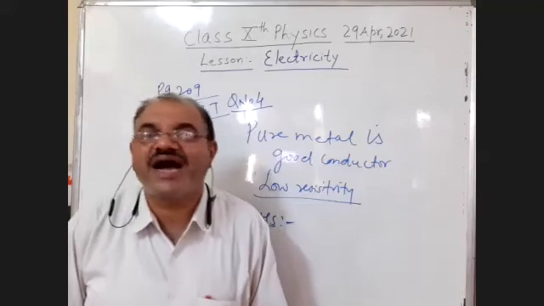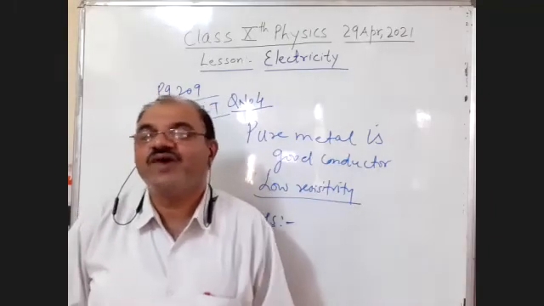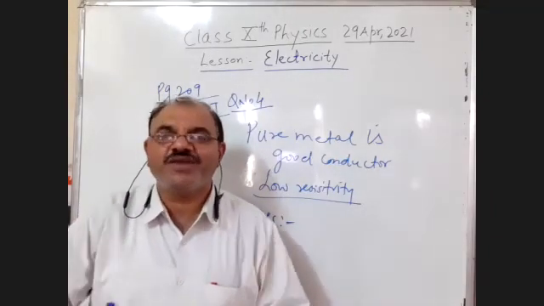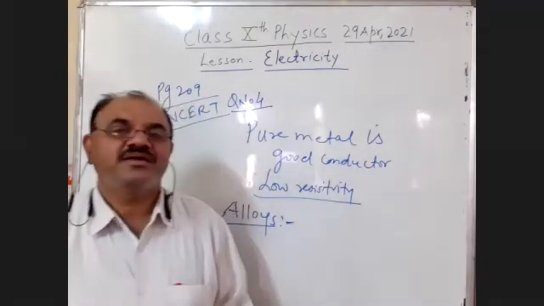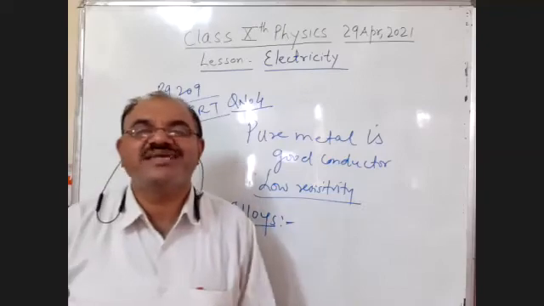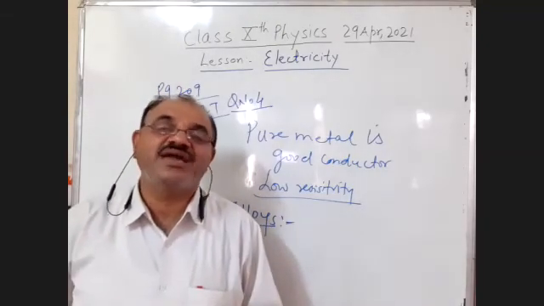It is used as a filament of the electric iron. Now the question is this: why is the pure metal not being used, and alloys are used as filaments in the electric iron or the toaster?